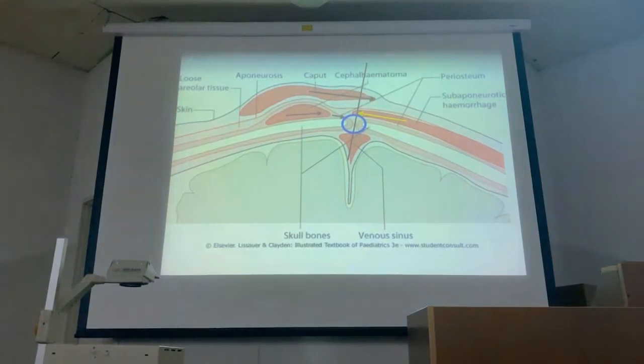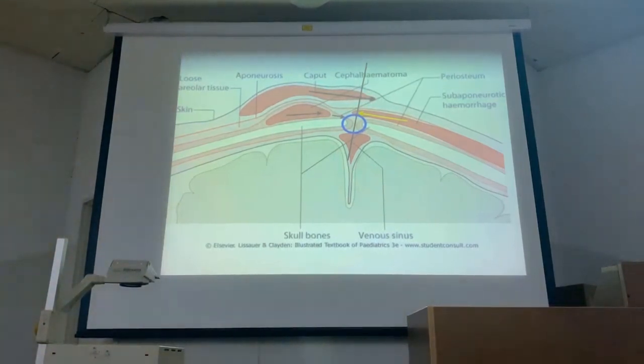Where is the problem? Here is a hematoma, and you follow its edges, and for example, it is only over the parietal bone. It is not crossing a suture. That means it is under the periosteum of the parietal bone.